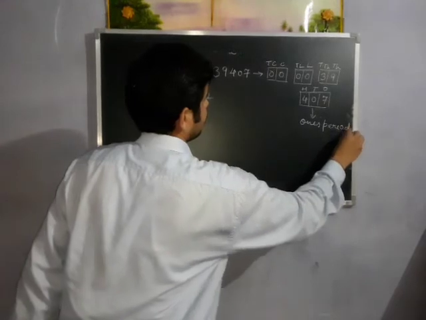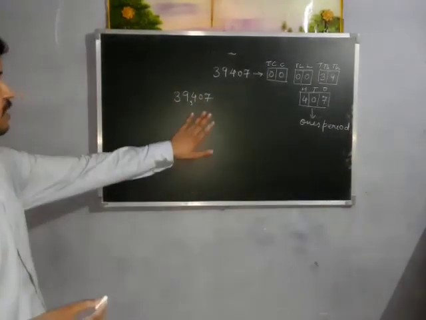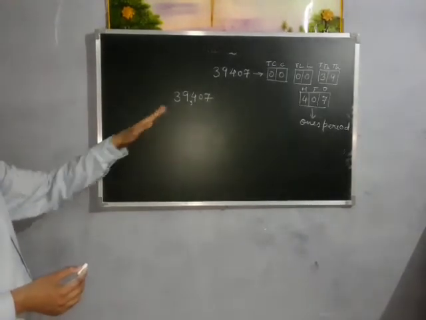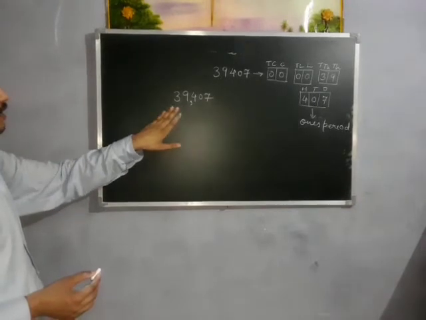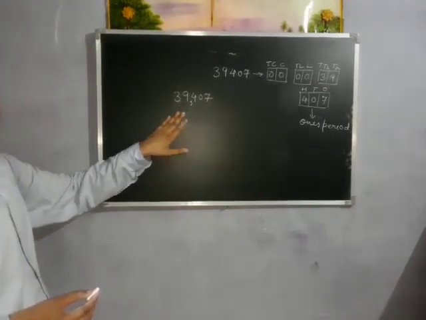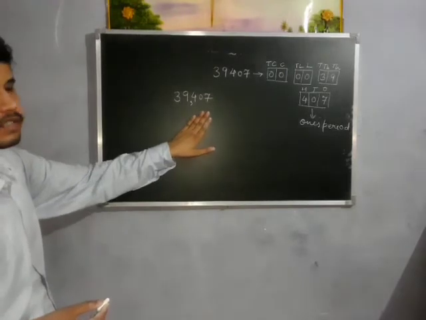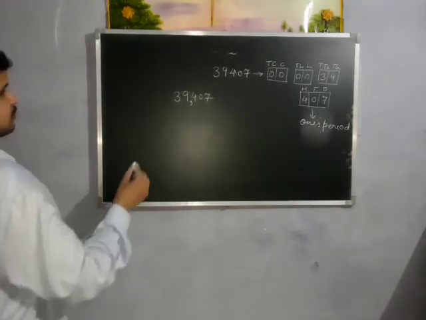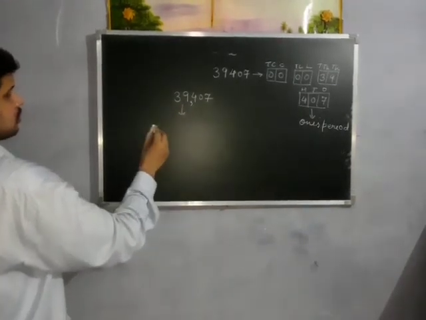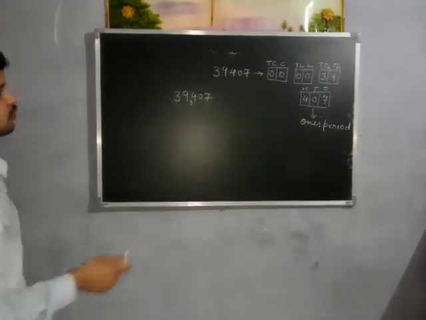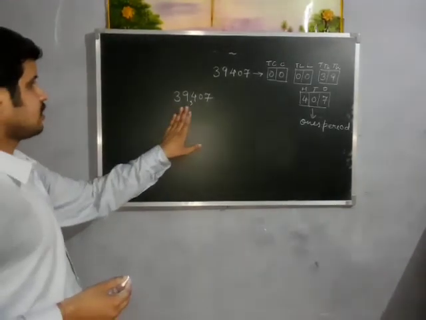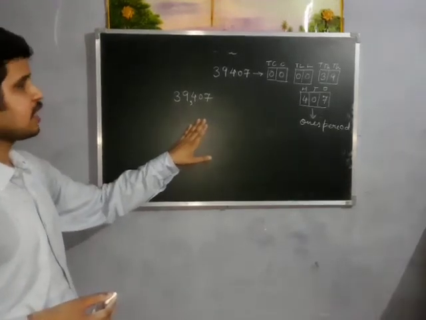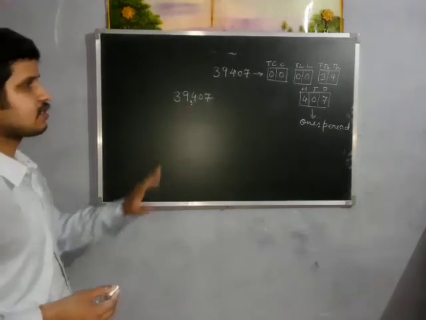Then you have to write down in which period these digits will come. The next comma will be 5 digits from the right, but this number contains only 5 digits, so only one comma will be inserted according to the Indian place value system. So this 39 is a group that will make another period, because it contains two digits, 3 and 9.